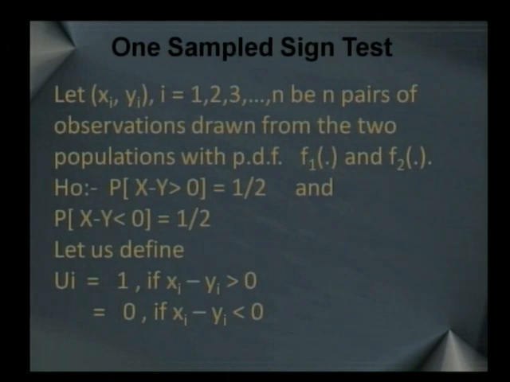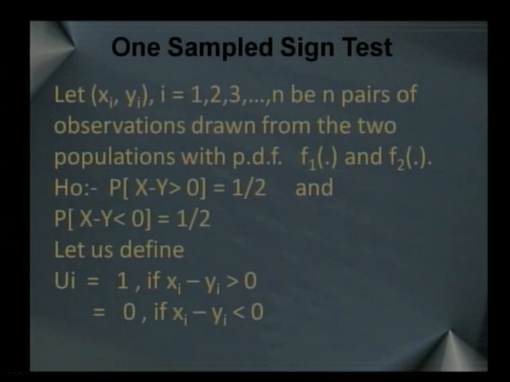Hence the hypothesis will be that the probability of x minus y greater than 0 is equal to half, and the probability of x minus y less than 0 is equal to half.